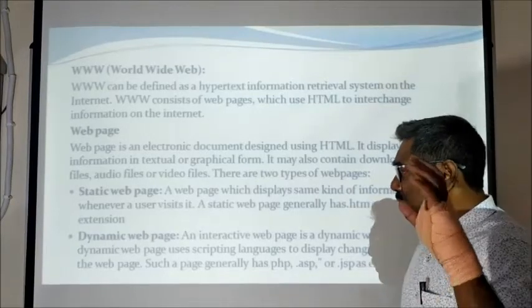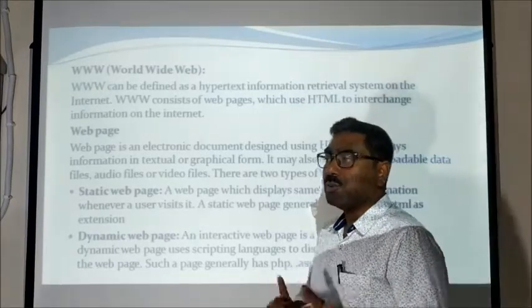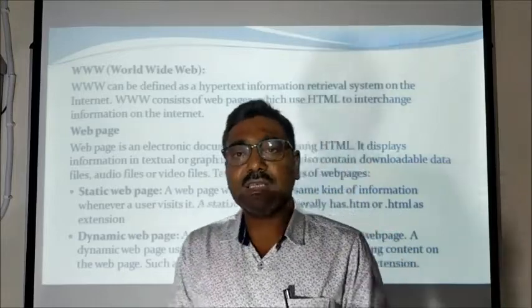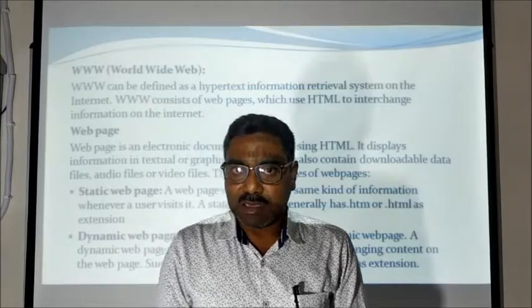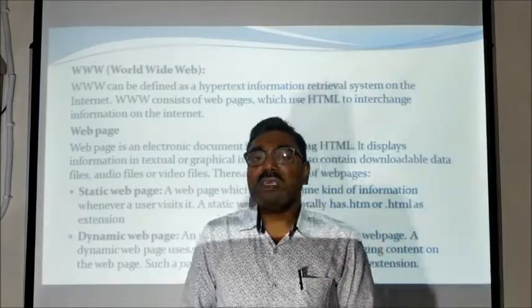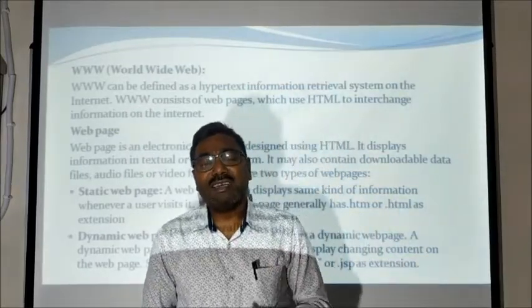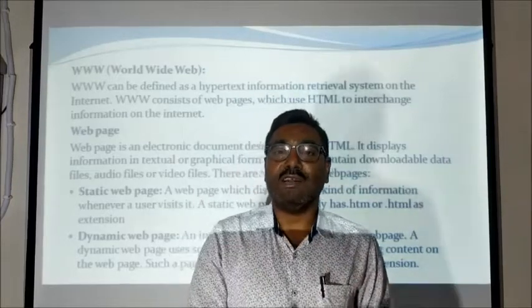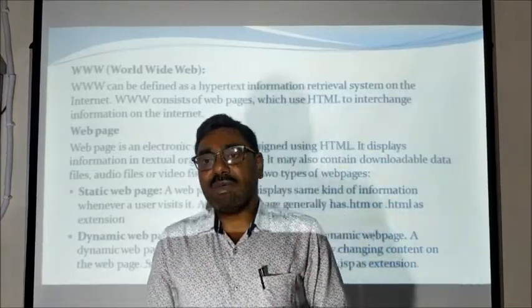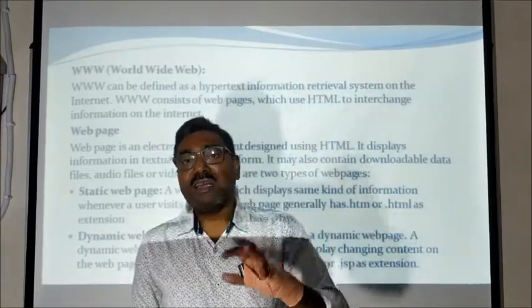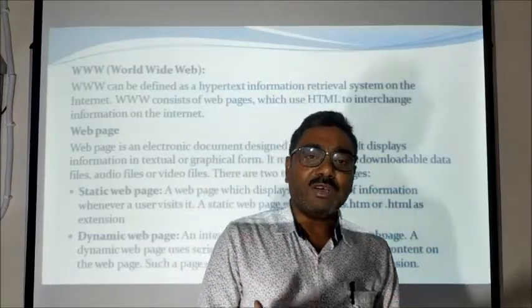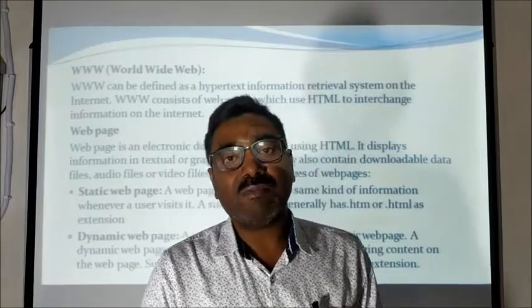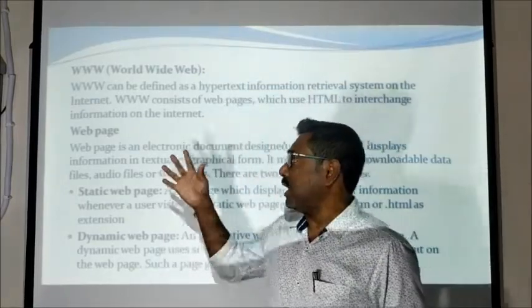Okay. Now web pages are of two types. One is the static web page, another is the dynamic web page. The static web page is the kind of web page that displays only the information. Whatever information is there, it will be displayed in a static web page, and each time the same information appears.